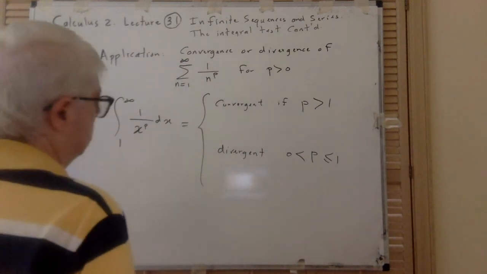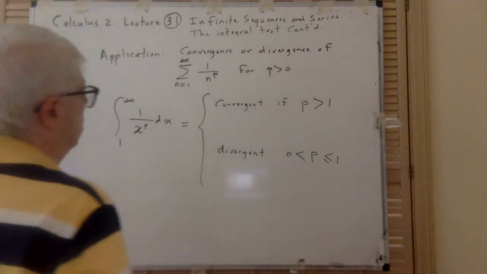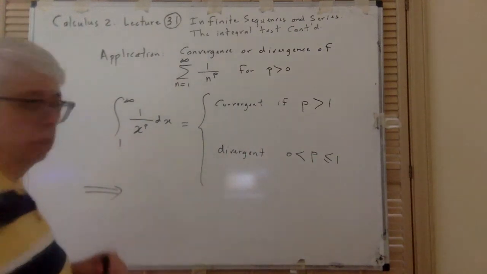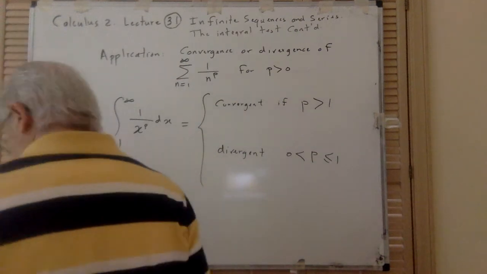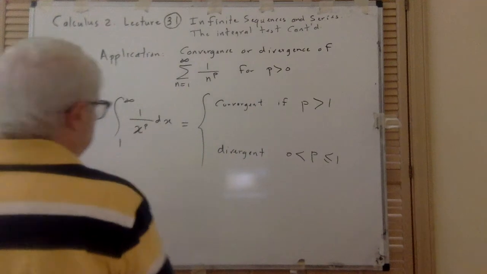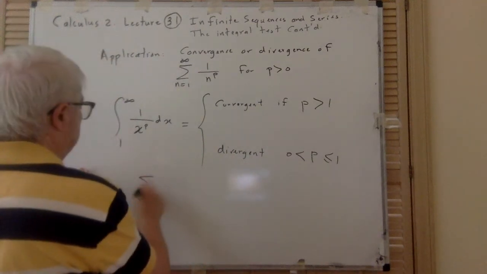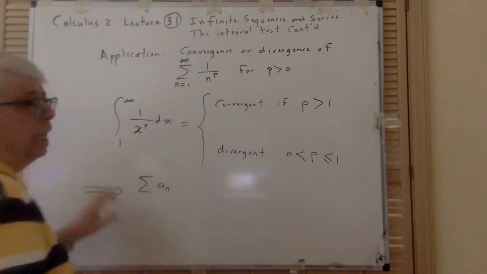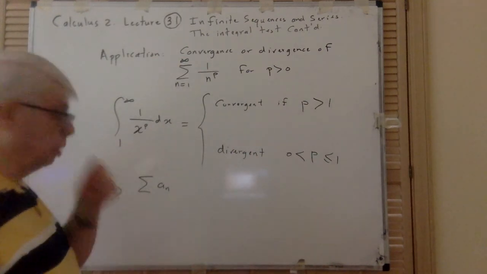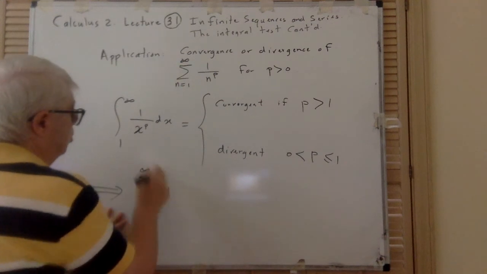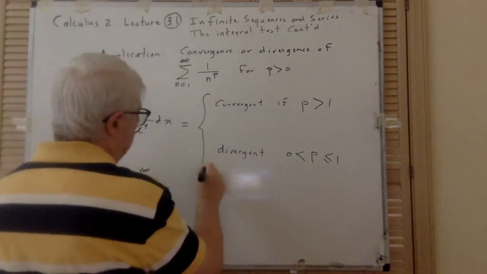So what does it say? It gives us a procedure for the series, and n can start anywhere, but let's start with 1, because usually it starts at 1.